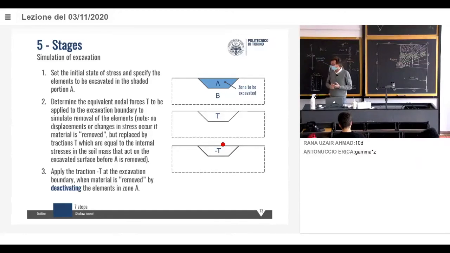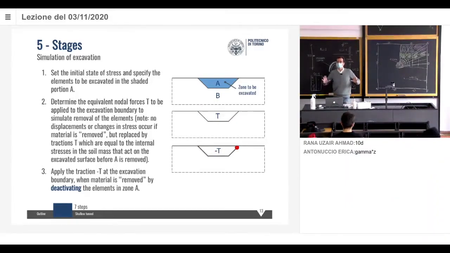You will see that when you do it in practice with RS2, the software we're going to use, it's like excavate and you will see the elements disappear, which is very, very easy to understand. However, what's going to happen is exactly this. This is applying forces on this boundary. We compute those forces. We put minus to those forces.